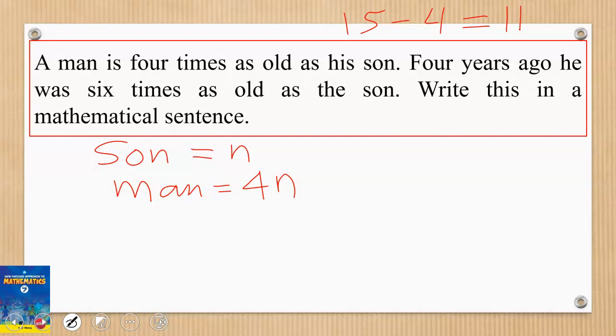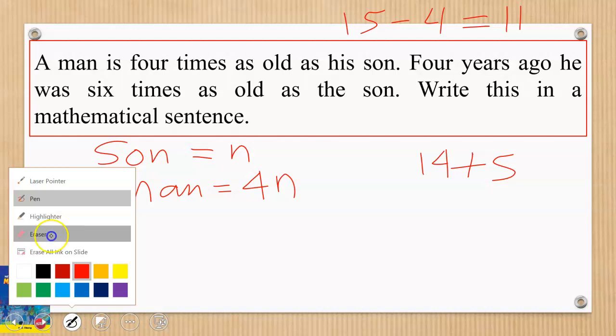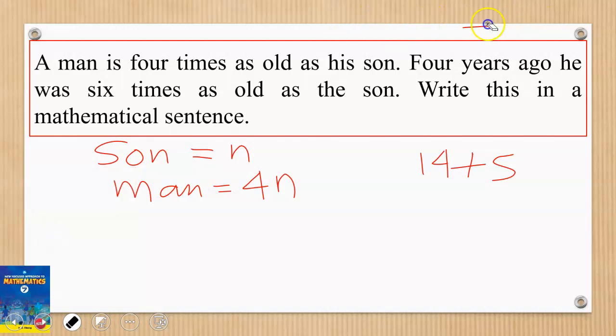Again, if my age is 14 years, and we say 5 years to come, that means my age will be 14 plus 5. So this should be a key for you. If I say 4 years ago, then I'm making reference to the age that I am currently minus 4.